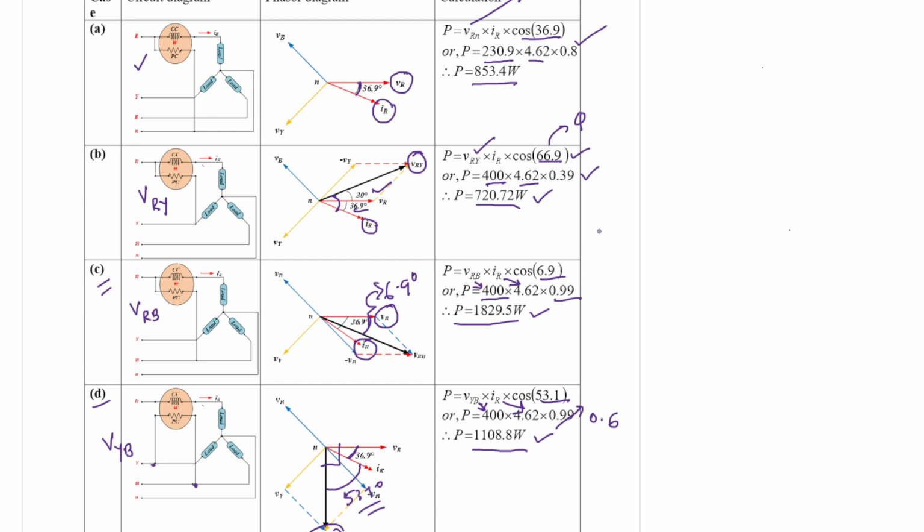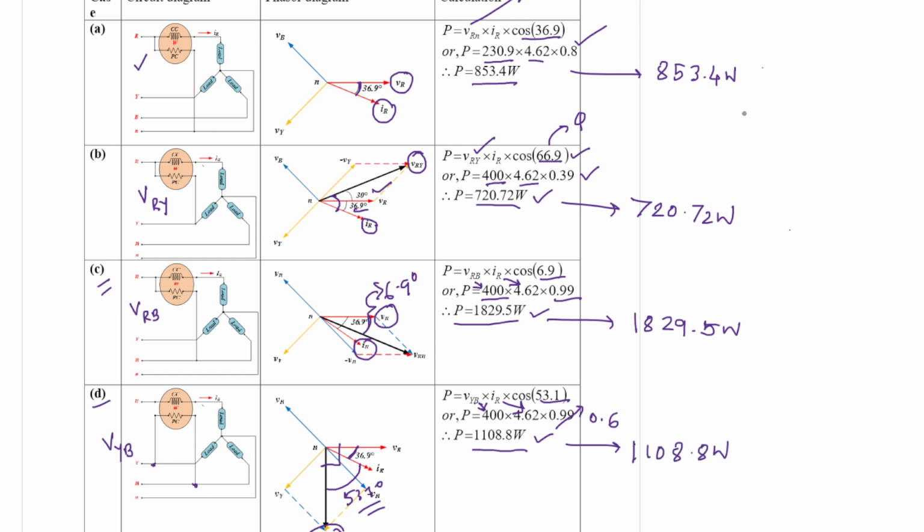So what we have understood is that for the first case, the reading was 853.4 watt. For the second case, the reading was 720.72 watt. For the third case, the reading was highest, 1829.5 watt. And the fourth case, the reading was 1108.8 watt.